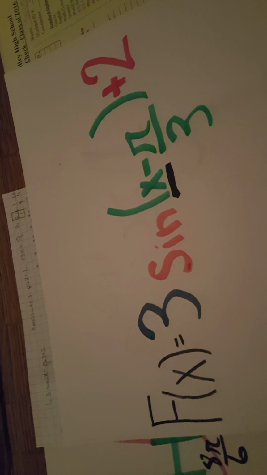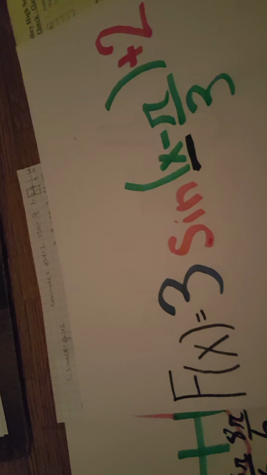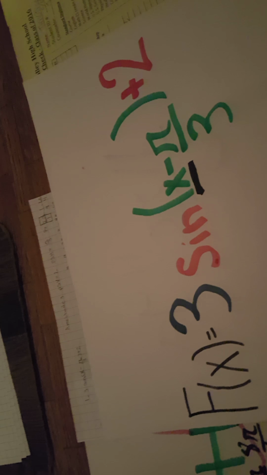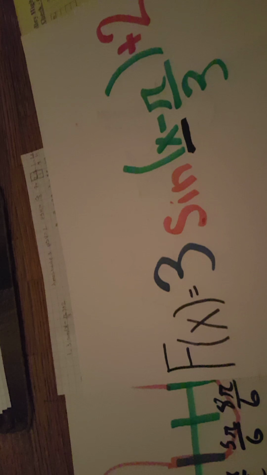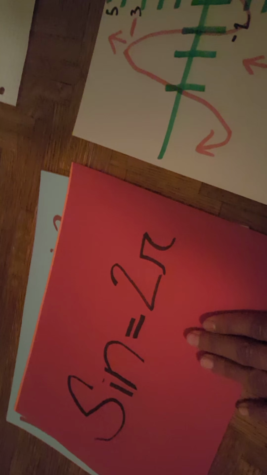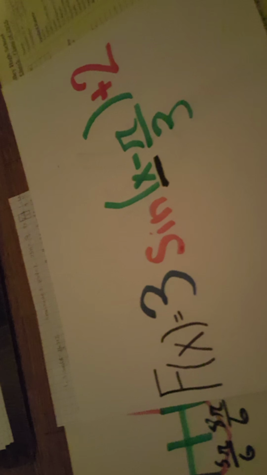Cosine will also equal 2 pi, but tangent is different. That will only equal pi. It's half of a circle. It's not our complete circle, 2 pi. But since sine equals 2 pi, we're talking about a complete circle, okay? A complete circle.